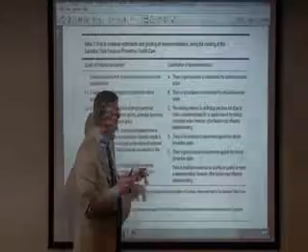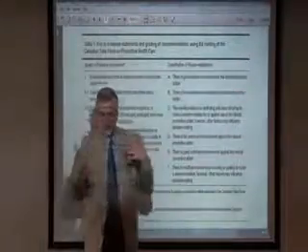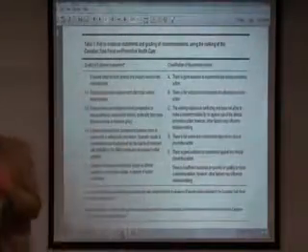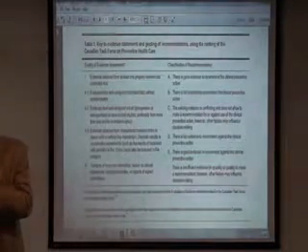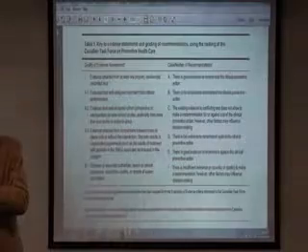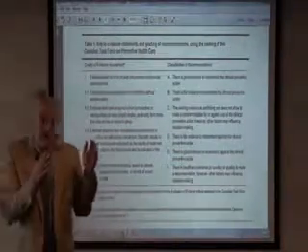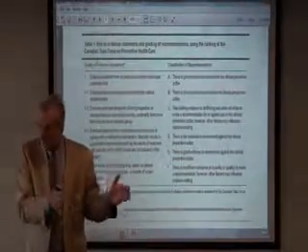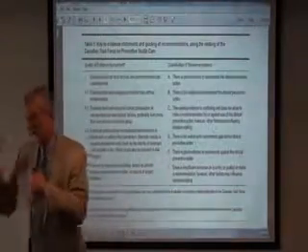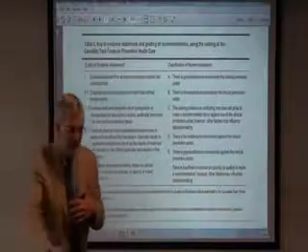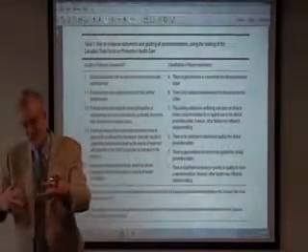Then over here, the classification of recommendation is different than saying what the quality of the evidence is. The quality of evidence just says, what's the risk of bias here? But are you going to recommend it or not? That's a different story, because you have to look at the magnitude of the association, you have to look at side effects, you have to look at acceptability and cost, economic evaluation.